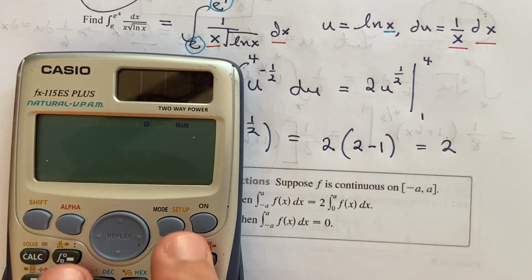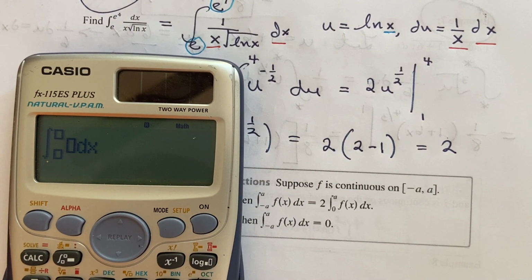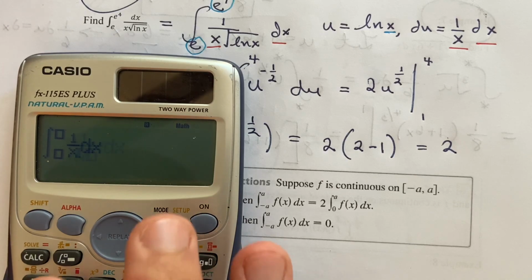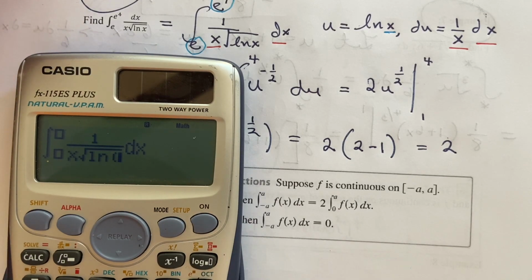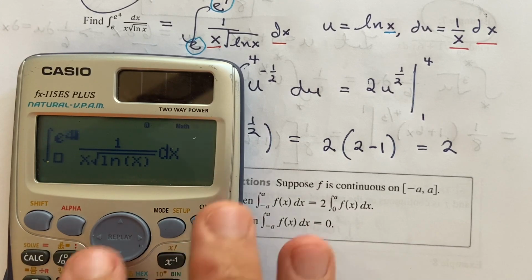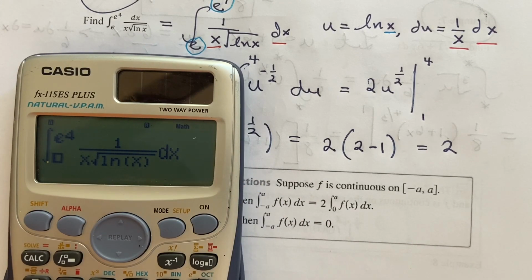Maybe it can't. Sometimes the calculator breaks down a bit when these get more difficult. So I'll go 1 over x square root ln of x, end parentheses, scroll up, e to the 4th, and then e.